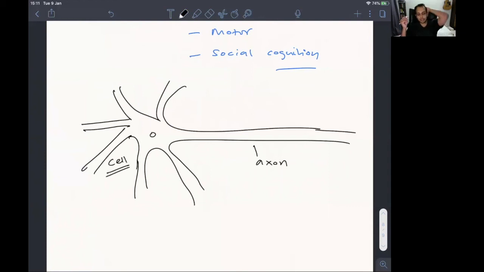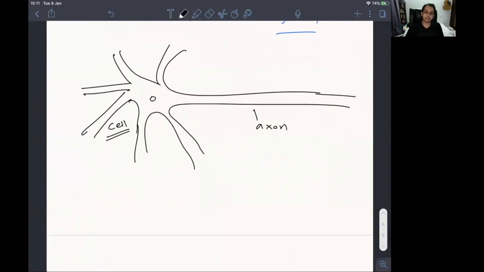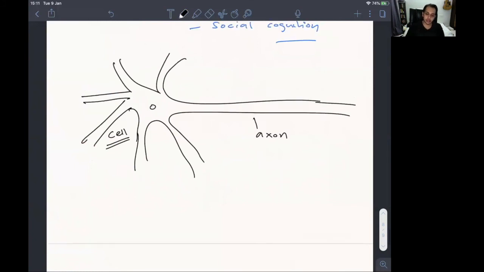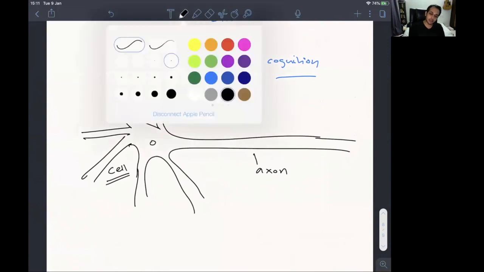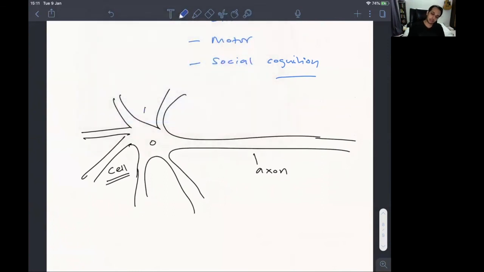Okay. Now, what happens is something is causing these neurons to die. Now, what are those things that are causing the neurons to die? There are two things. One is something called amyloid plaques. And the other is something called tau proteins.